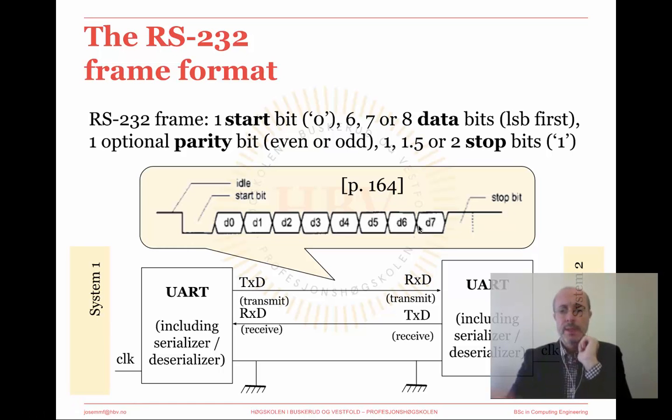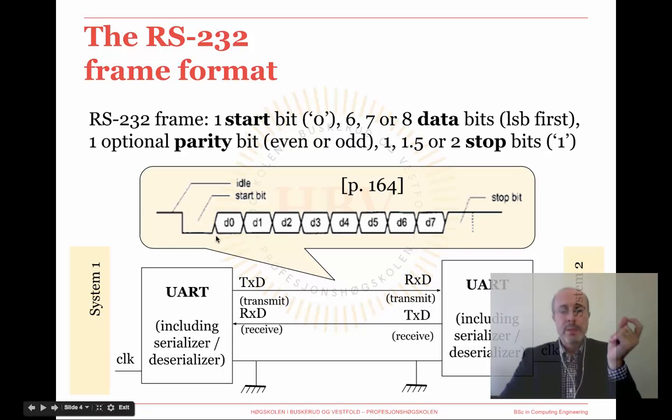So this means that whenever the receiving part, say for example the one on the right, detects a logic 0 at its received data line input, it knows that the other part is initiating a new transmission.